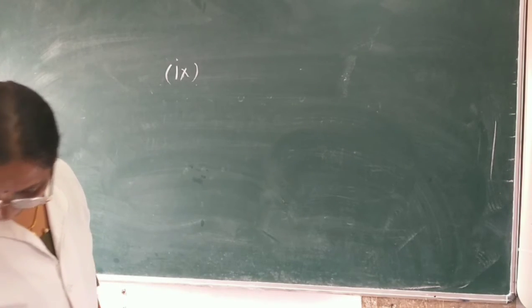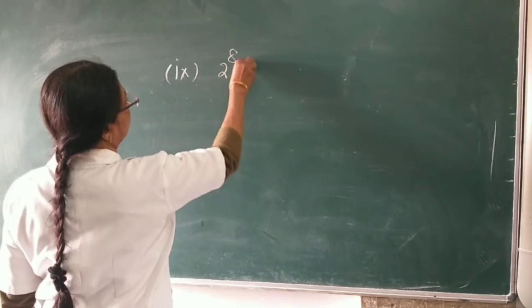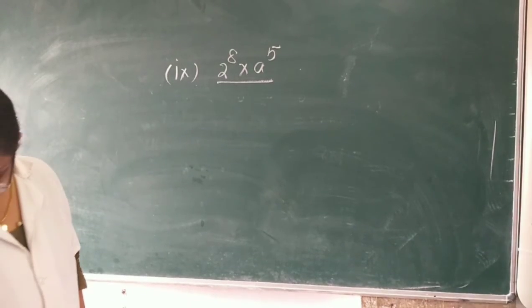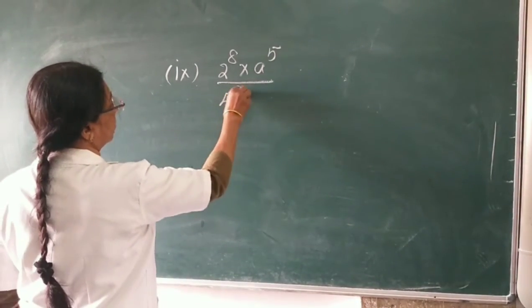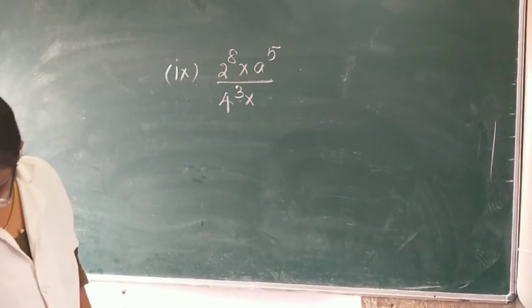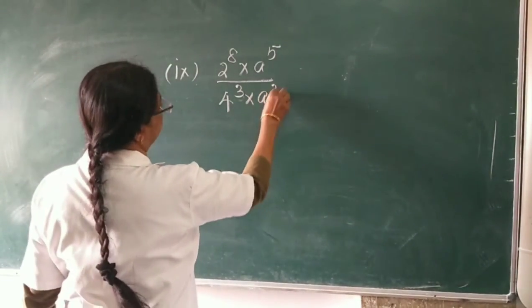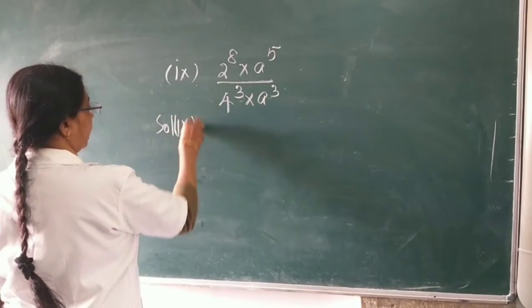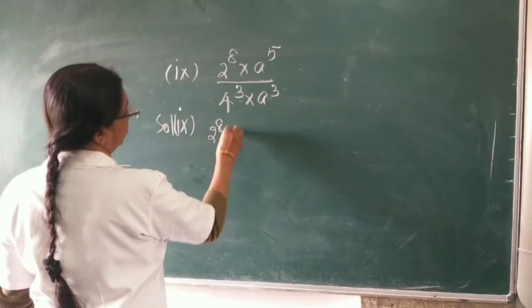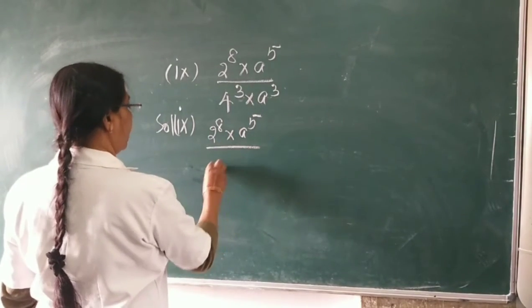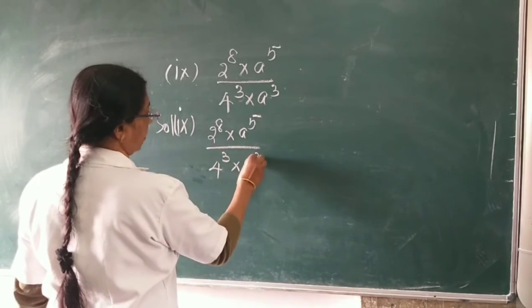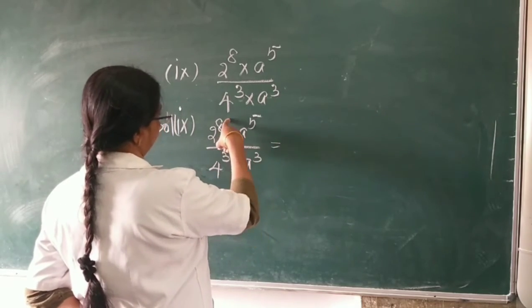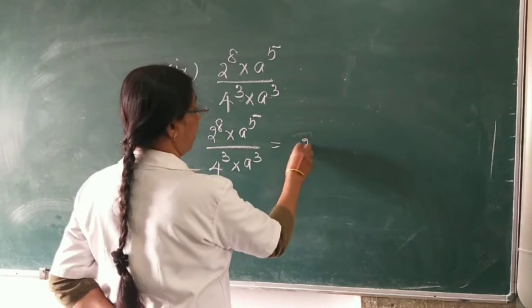2 raised to 8 into a raised to 5 divided by 4 raised to 3 into a raised to 3. Solution 9. Here we have a raised to 5 and 2 raised to 8.